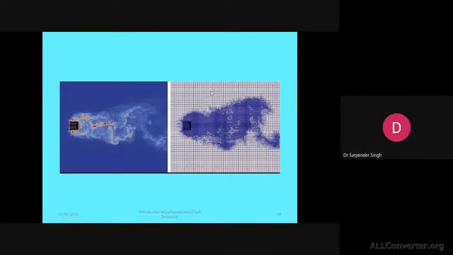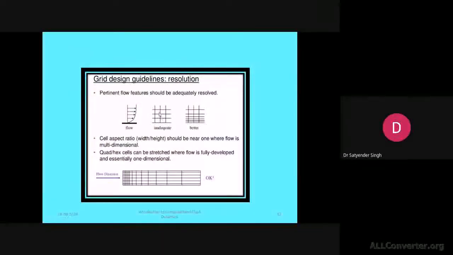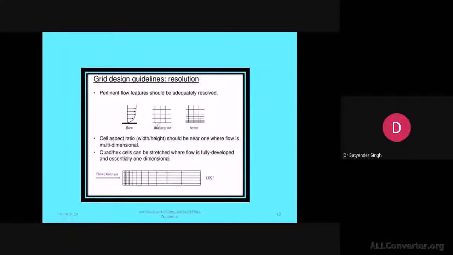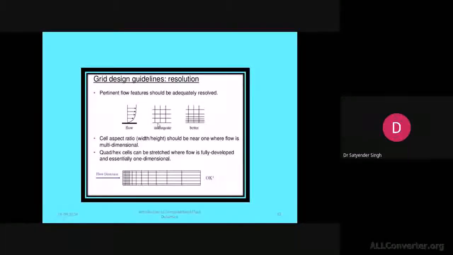So if there is an error in the generation of the grid, then the physics will not be properly transported to the next grid, and there will be some error. Like, say, near the wall, if you are creating such a grid, then this value will first be calculated as per the boundary condition given at the plate for the velocity.